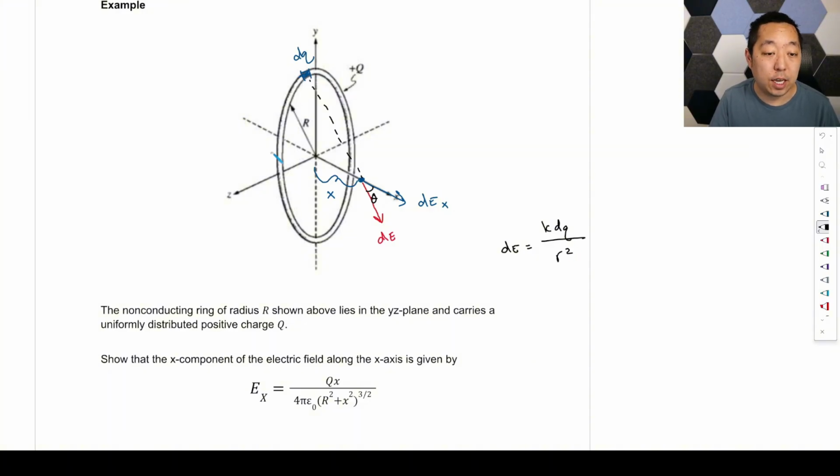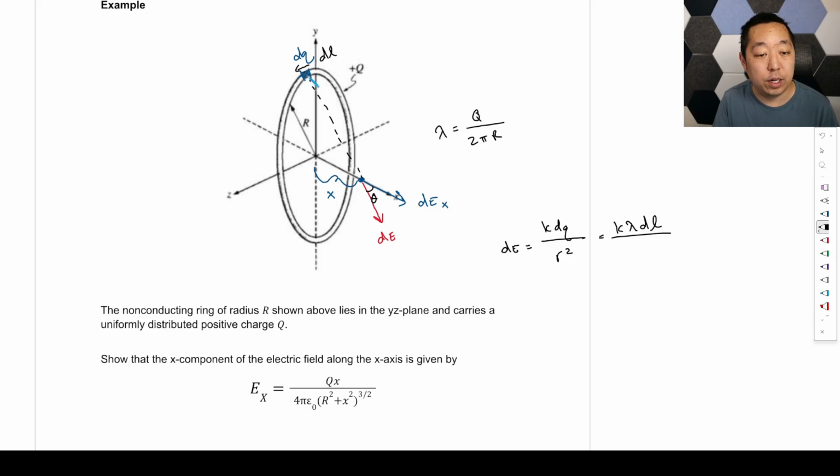Now the r is the same because the distance from here to here is the same everywhere. dq would be the charge density, lambda, which is q divided by the entire length of the ring, 2 pi r, because the charge density is the amount of charge divided by the length. So it's going to be k lambda, and we'll call this distance here dl.